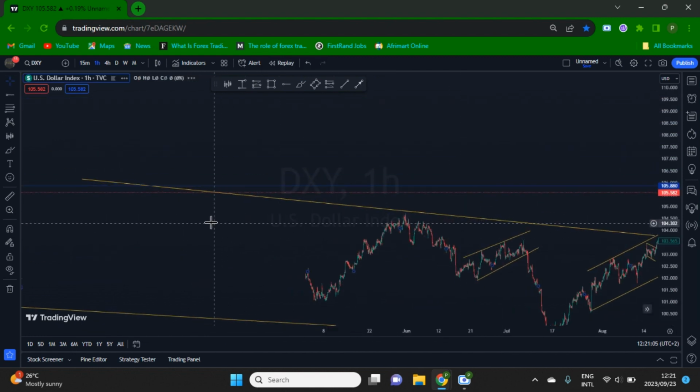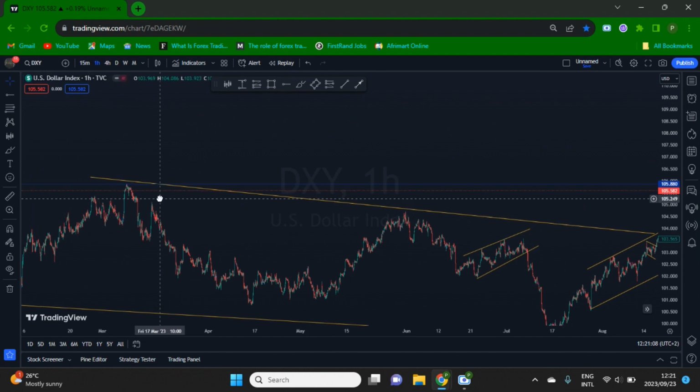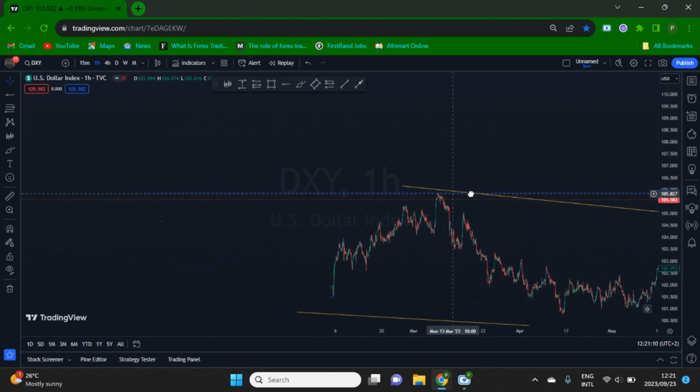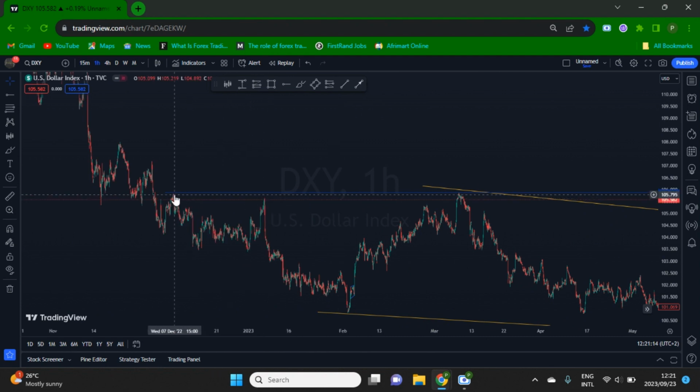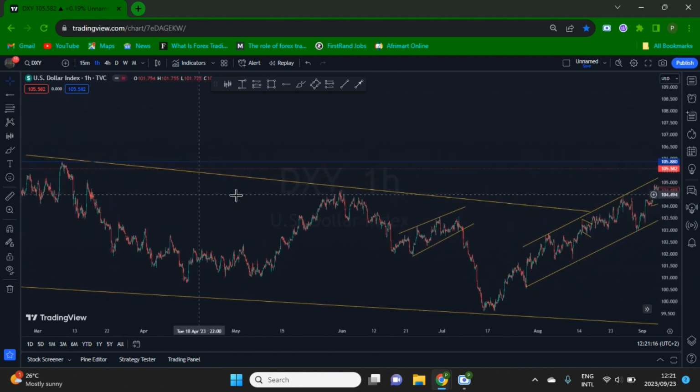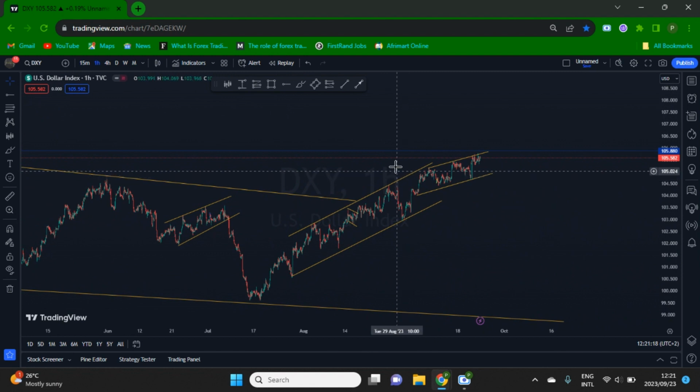In alignment with what I have here. See this high point here, this reversal point here as well. So this is a key zone that's forming a resistance.